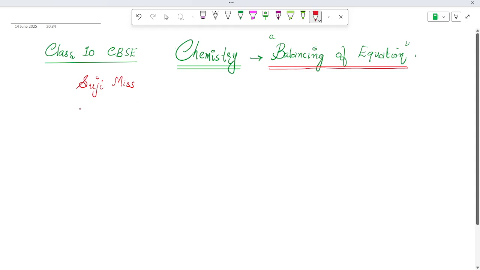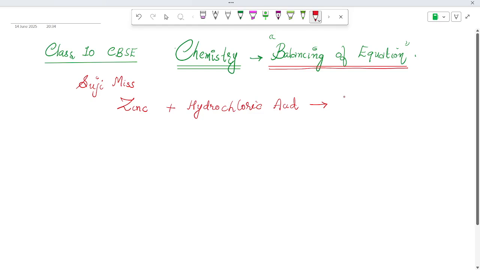Let's first write down an equation. A simple chemical reaction between zinc and hydrochloric acid. So when zinc reacts with hydrochloric acid, this is metal reacting with acid.